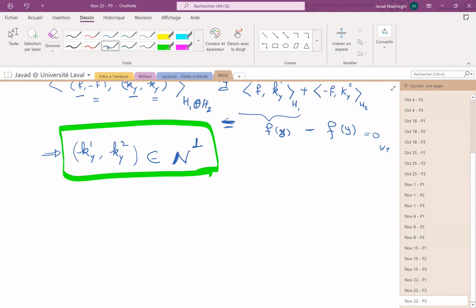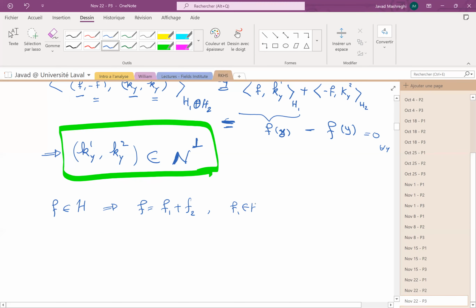Now, knowing this, take any f in the space H. So f can be written as f1 plus f2, where f1 is in H1, f2 is in H2.